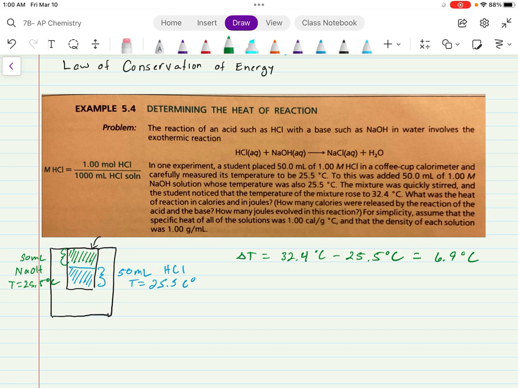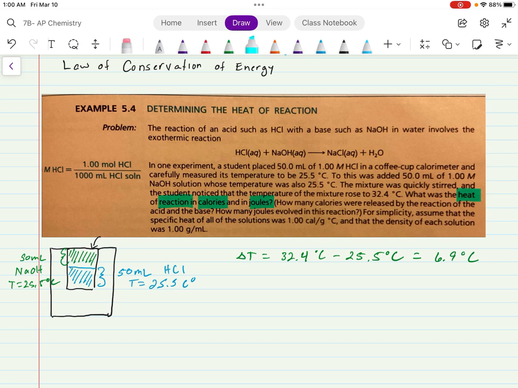So now we know how much the temperature changed. Now the question is asking, what is the heat of reaction in calories and joules? So here we see that we're looking for calories and joules, and specifically the heat of reaction. All right, so how do we figure this out?